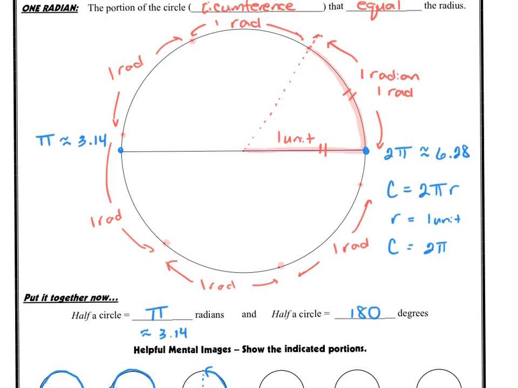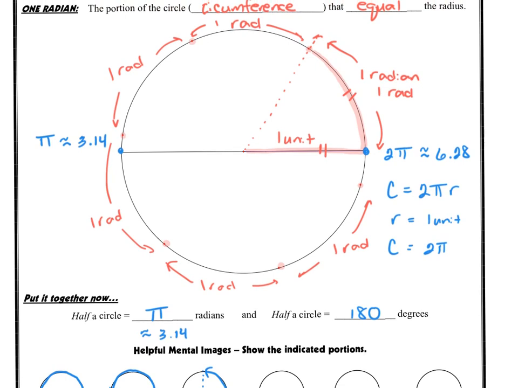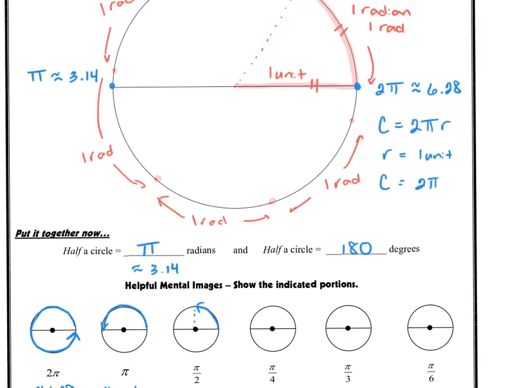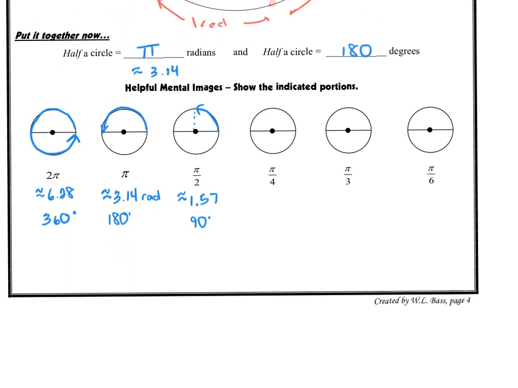And if we come up here again, you can see that's about 1 dot, and about halfway between these two. So the more you can start to picture where those dots around the circle land, the more it will help you do these conversions and get these ideas in your head.